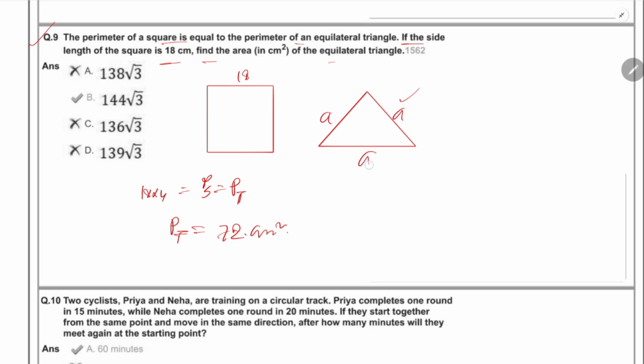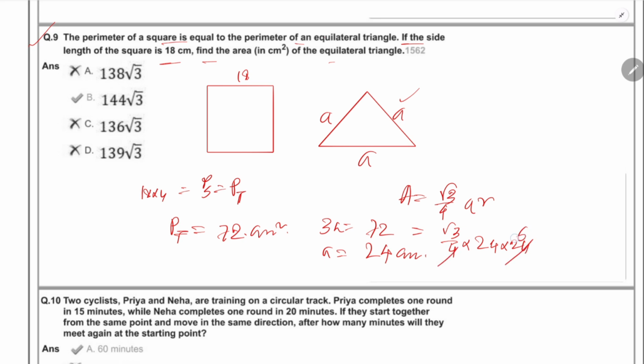If we say each edge is A, then 3A is equal to 72, so A is equal to 24 cm. The area of the equilateral triangle is equal to root 3 by 4 into A square, which is root 3 by 4 into 24 into 24. The final value will be 144 root 3. Option B is correct.